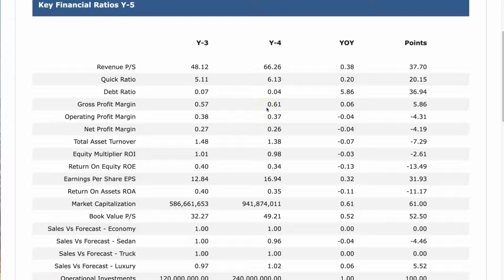I was trying to get my profit margins up, and you're always trying to get between 3 and 5%. But if you could get 6%, go for it, because this is a 6% year-over-year change. My actual percentage is only 57 to 61, so that's 4%. That's between the 3 and the 5% I'm trying to get, but this is a year-over-year 6% increase.